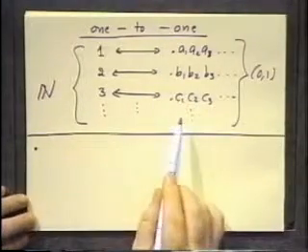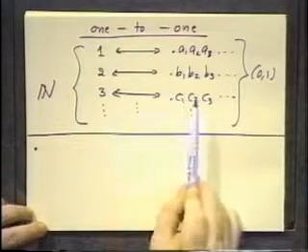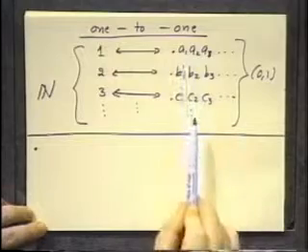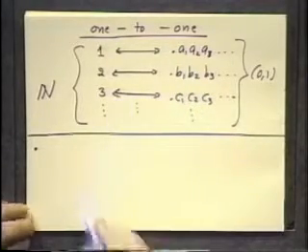Well, if this is a typical correspondence, I'm going to show that no matter what correspondence you have, there's got to be something over here that's missed. Some number in 0, 1 that this correspondence will miss.